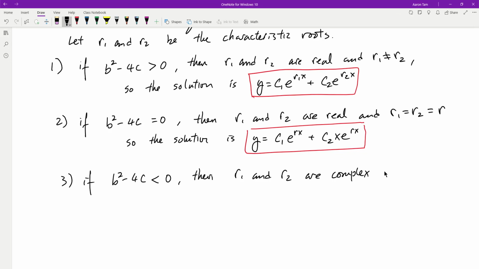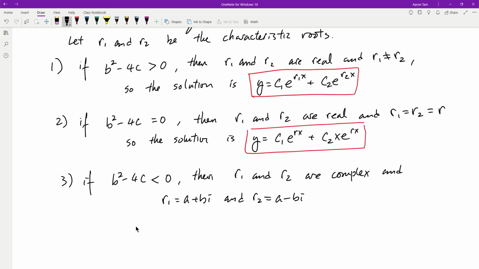Let's say we define R1 to equal a plus bi, and R2 is equal to a minus bi. Remember, they have to come in a conjugate pair. There are no negotiations here. If one is a plus bi, the other must be a minus bi. It's impossible for them to not be a conjugate pair.